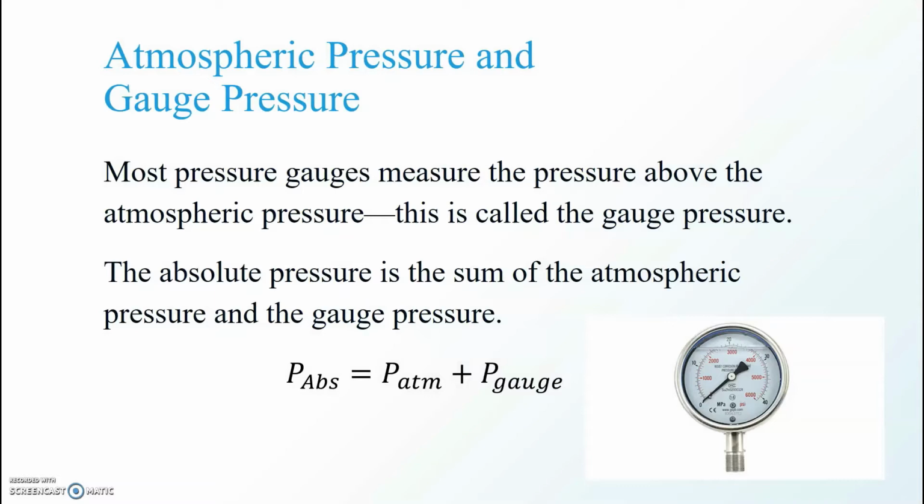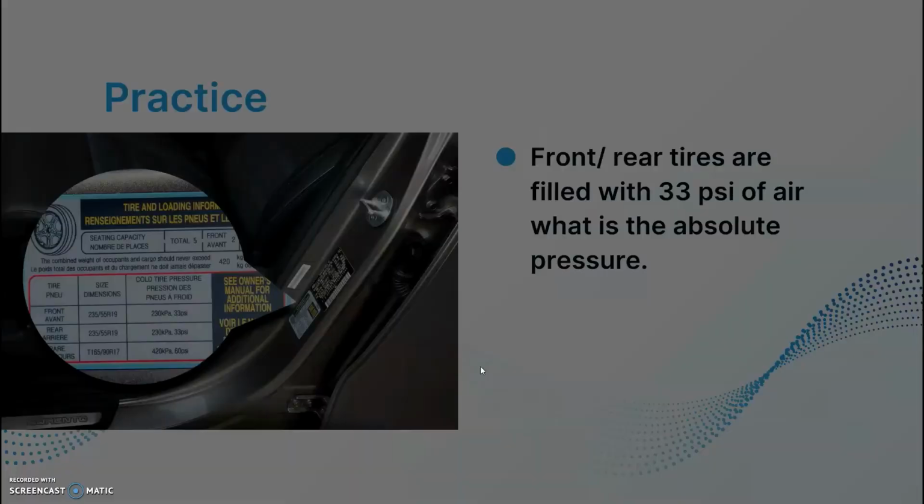Now, gauge pressure takes into account that there is atmospheric pressure. So when the gauge reads, let's say this one right here, 1,000 psi, that is not adding in the atmospheric pressure. So if it reads 1,000, you have to say 1,000 plus the 14.7, and that gives you your absolute pressure.